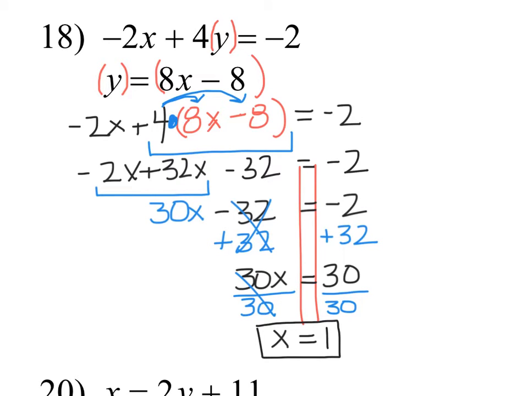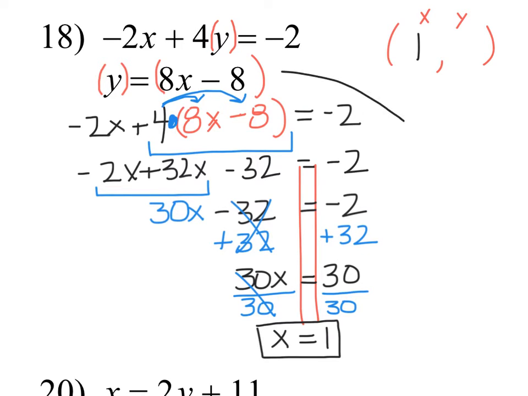So my final answer, getting prepared, I need an xy coordinate pair, and I know my x number is 1. Now I've got to use that x number to calculate what my y number is. Over here in my original two statements, they told me that I could calculate my y by taking 8 times whatever my x number is and subtracting 8.